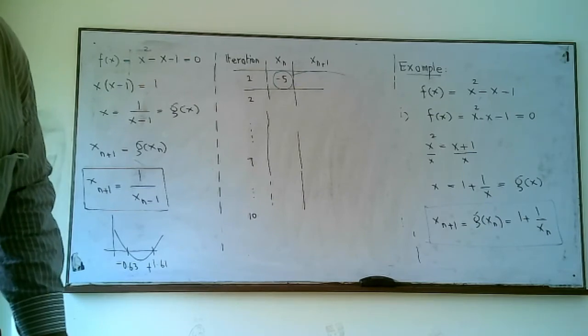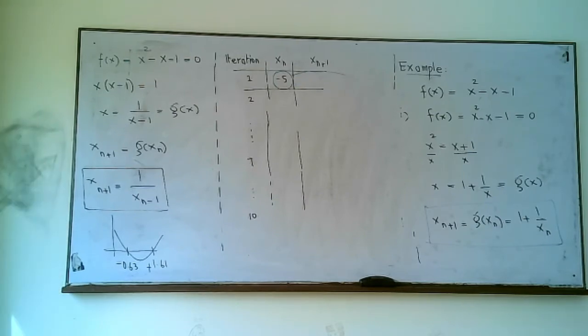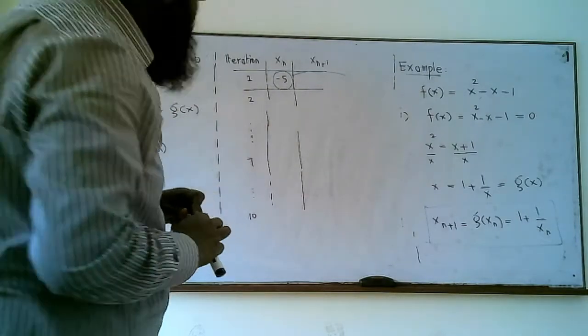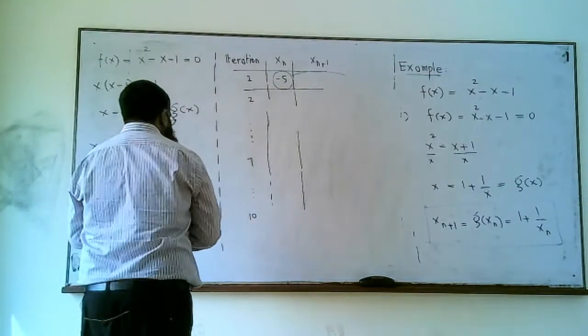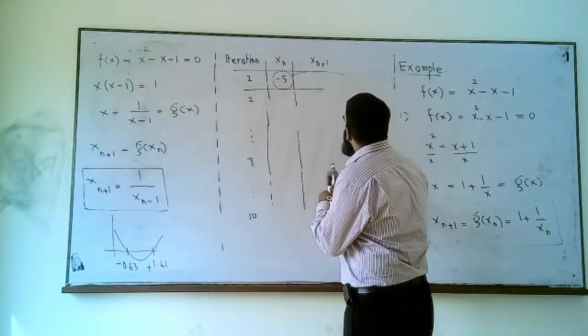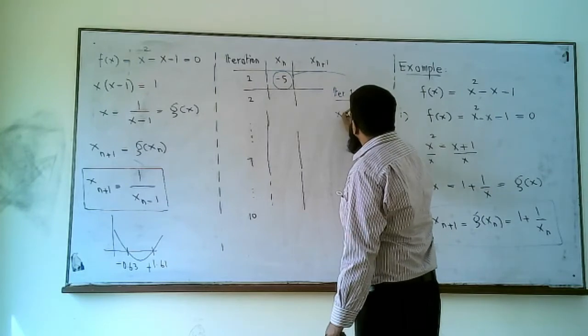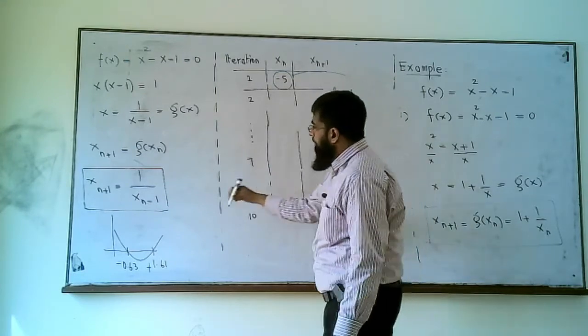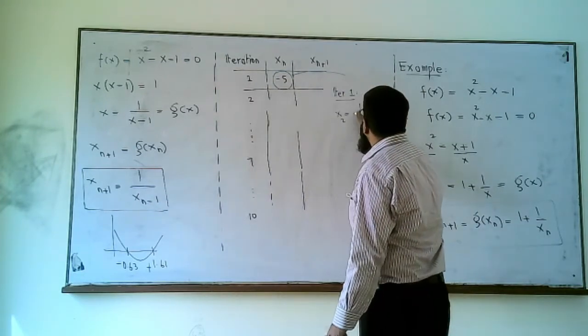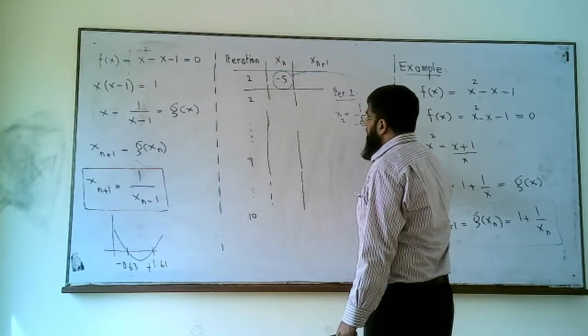So iteration number 1, starting with x_n equal to minus 5. x_2 would be 1 over x_n minus 1, which is 1 over minus 5 minus 1.